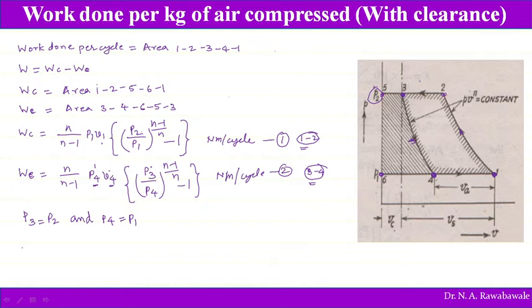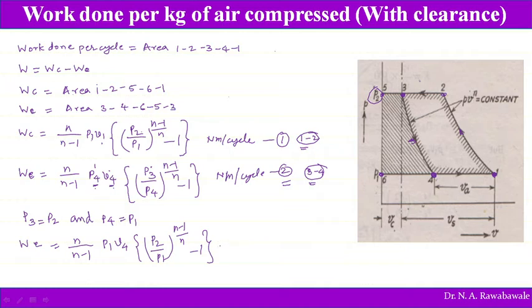So now again we can write this work of expansion. Equation number 2 can be rewritten as n divided by n minus 1 P1 V4 in bracket, in place of P3 we can write P2 divided by P1 to the power of n minus 1 divided by n minus 1.